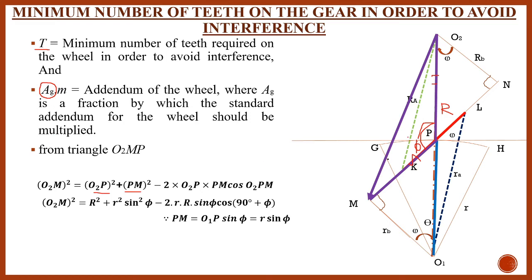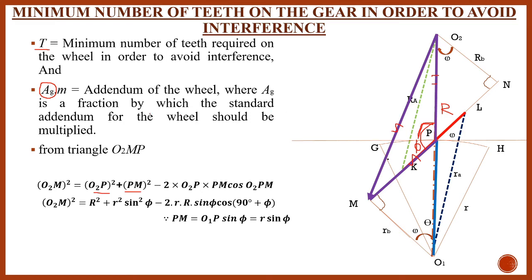Now consider this geometry. In this geometry, this O2P is the pitch circle radius of the gear. This total angle O2PM is 90 plus phi. This is the addendum circle radius, the maximum addendum circle radius that we can take.